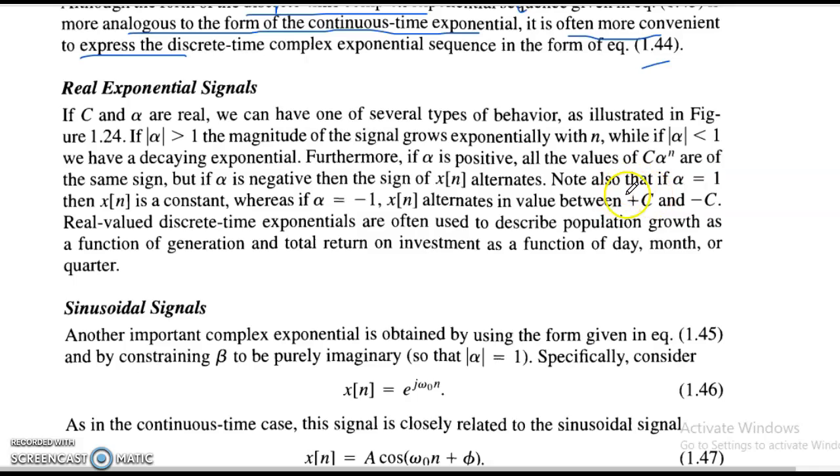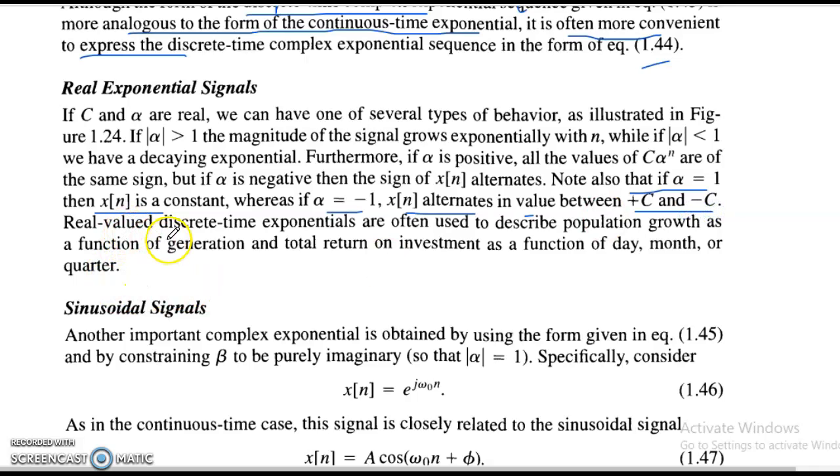Note also that if alpha equals 1, then x of n is constant, whereas if alpha is minus 1, x of n alternates in value between plus c and minus c.